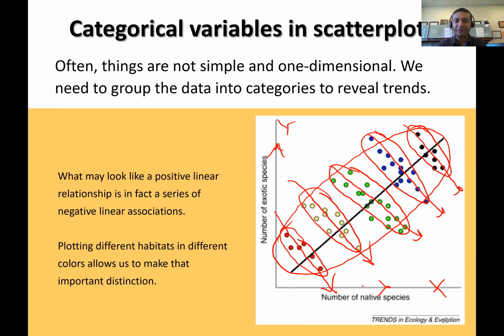So as your native species increases, your exotic species actually decrease for each of those clusters. And therefore, plotting different habitats in different colors allows us to make that important distinction. This is where visibility is at its best, when you are able to showcase that data properly. This is where clustering and categorical variables really help in understanding if there is a common pattern across all of those clusters.